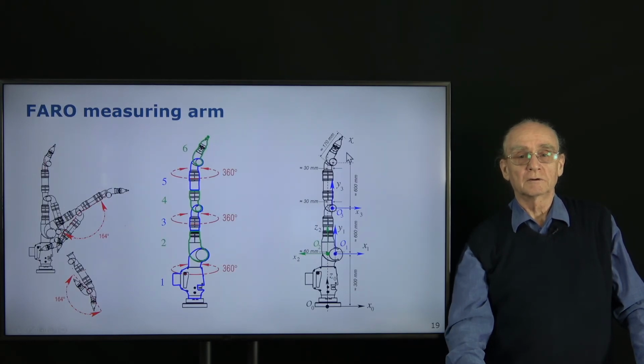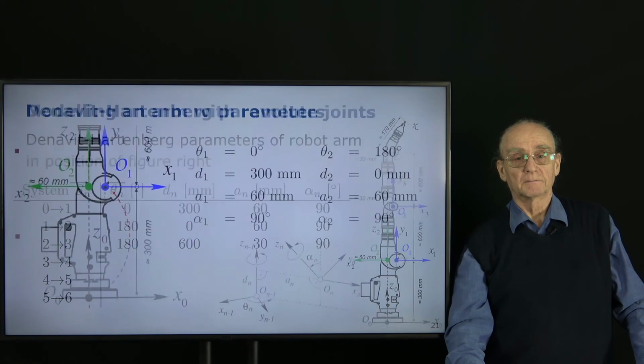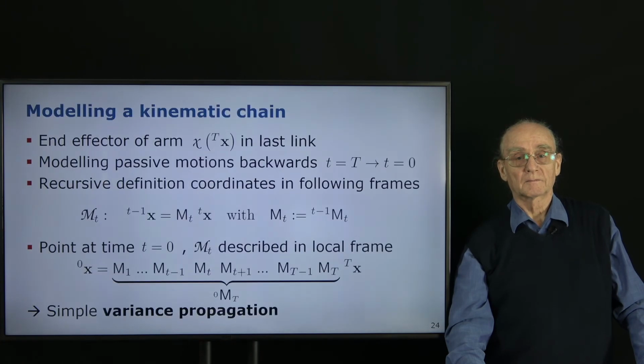We have here a distance of 170 millimeters. So we need to have this point described in this local coordinate system, let's say (0, 0, 170). So this is this point.